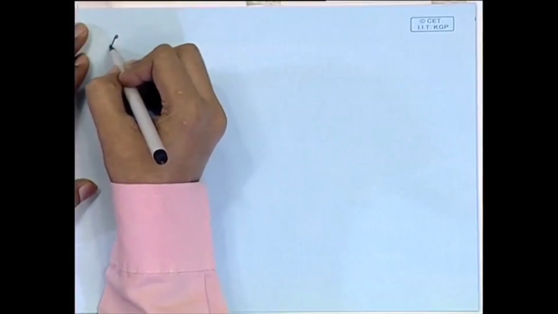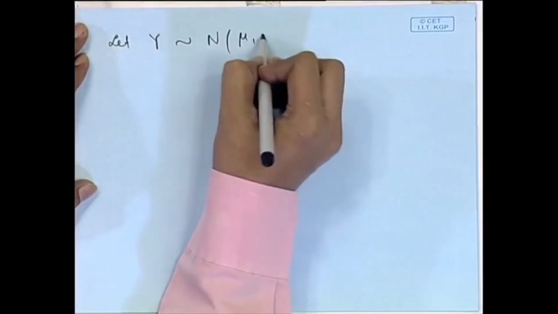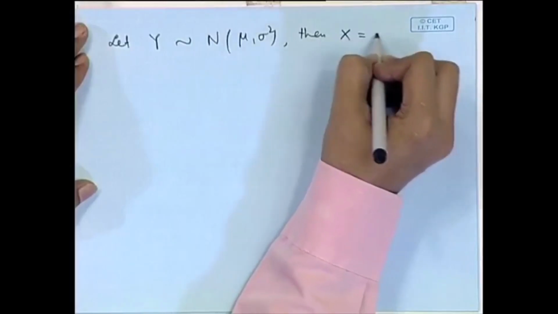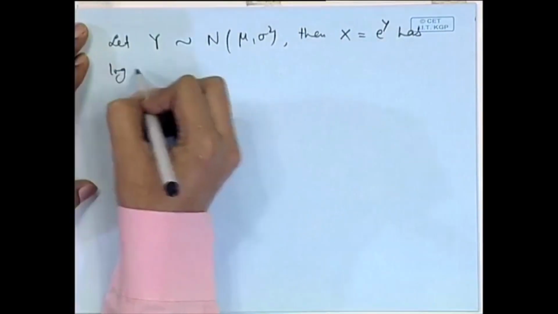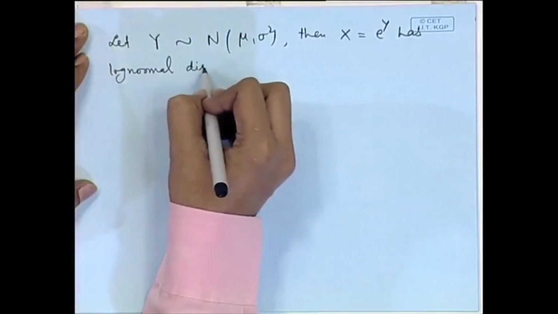A related distribution to the normal distribution is called the log normal distribution. If we say Y follows Normal(mu, sigma square), then X equal to e to the power Y has a log normal distribution.